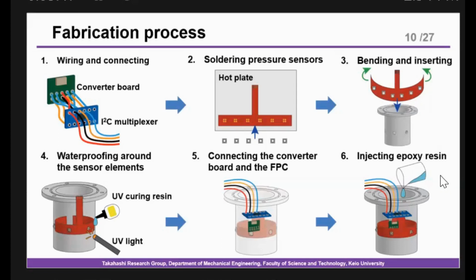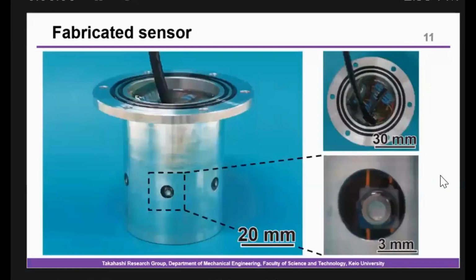Next, we waterproofed around the sensor element using UV curing resin and UV light. Afterwards, we connected the converter board and the FPC. Lastly, we injected epoxy resin to waterproof the inside. Here we show a photograph of the fabricated sensor. It can be confirmed that all components are waterproofed.